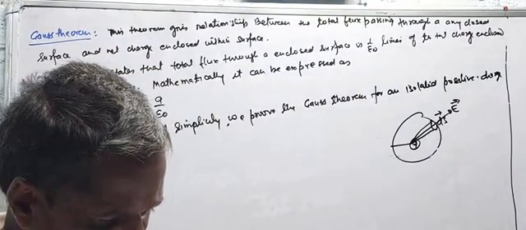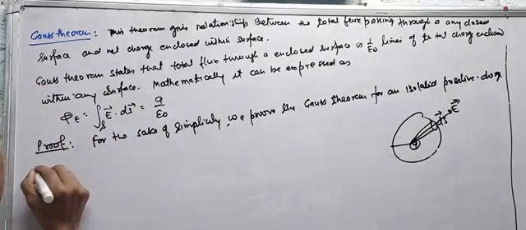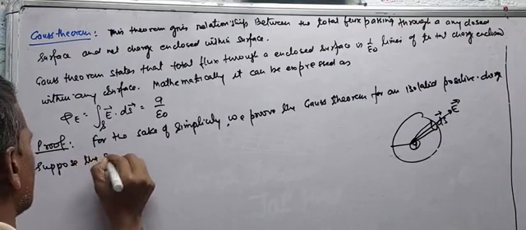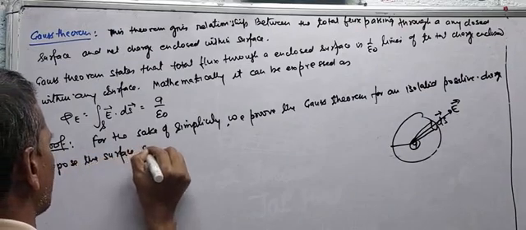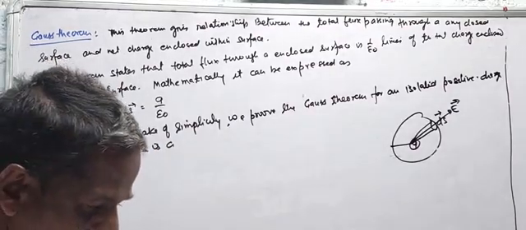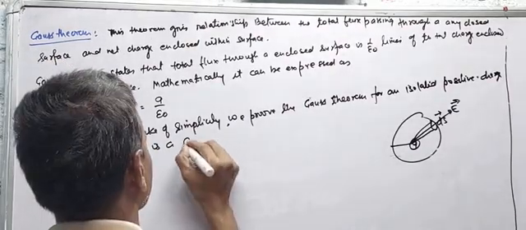Suppose the surface S is a Gaussian surface.